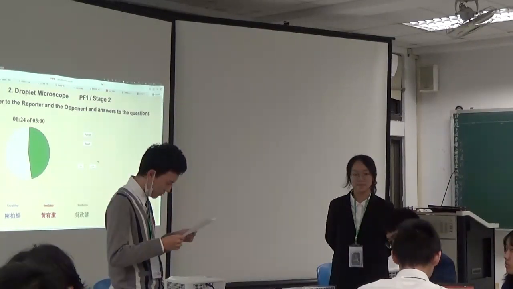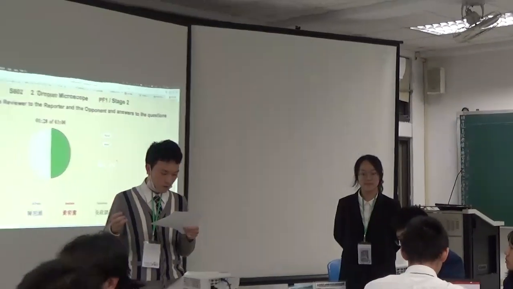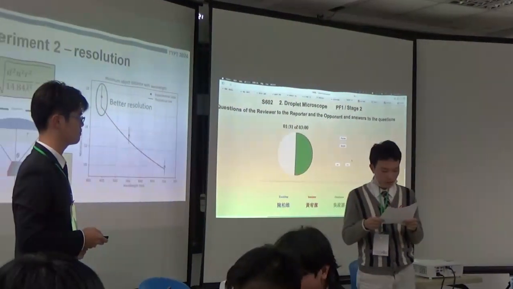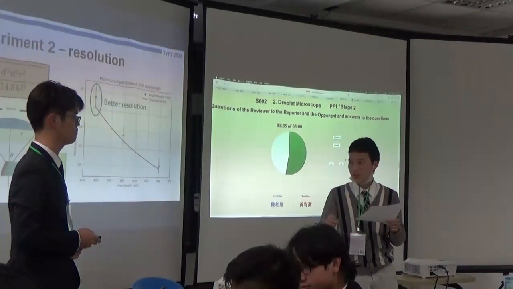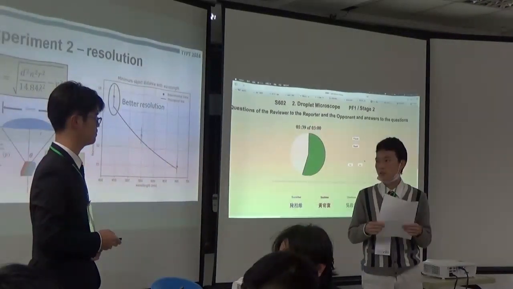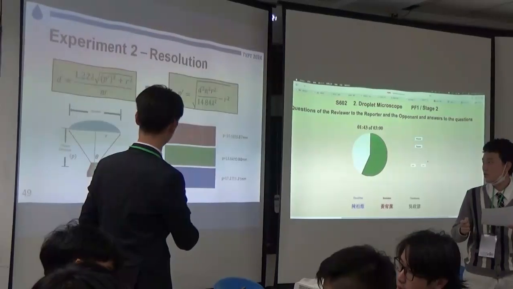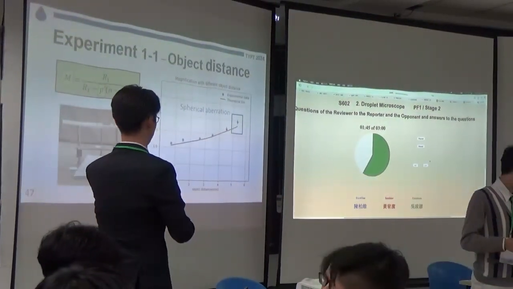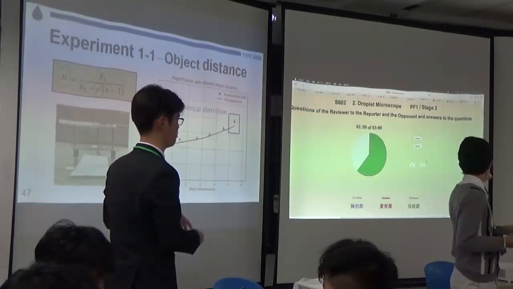Okay, and I want to ask a question to both, first to the reporter. Do you think that the object distance is the most important factor that affects the magnification, as you said? Why? Because in my result for the magnification, the object distance affects it very much.